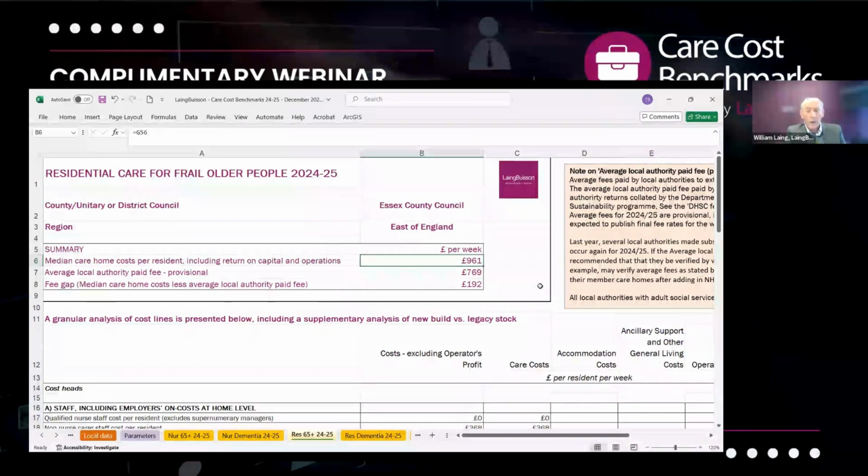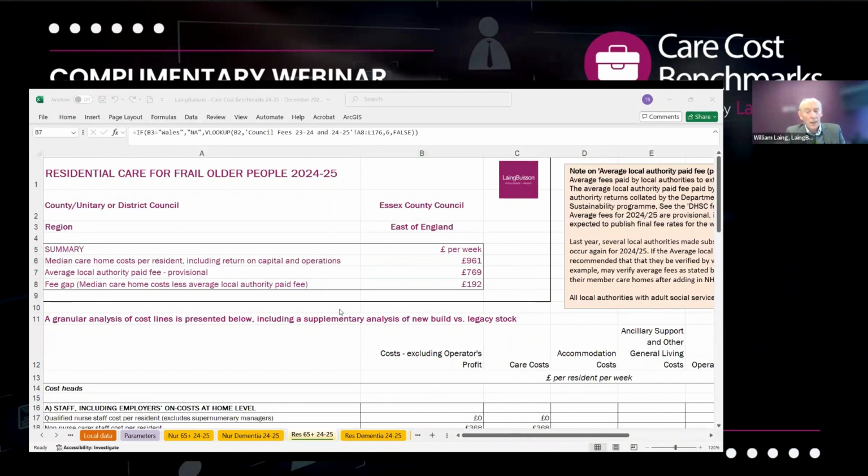And this is from the data, and I'll show you where we derive this data from. It's all evidence-based. And then we've taken from the latest DHSC collation of local authority fee levels what the average local authority paid fee rate is for 2024-25, which is provisional at the moment. And that shows £769. So here there's a fee gap of £192.